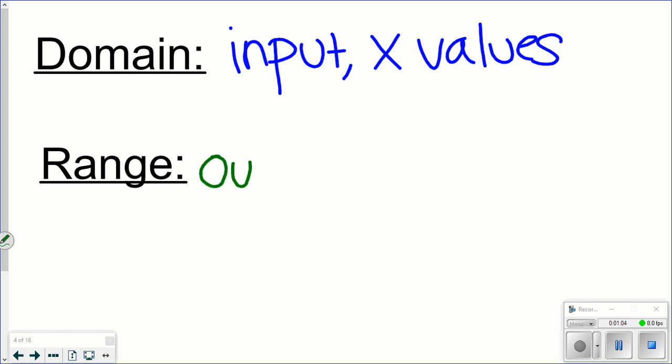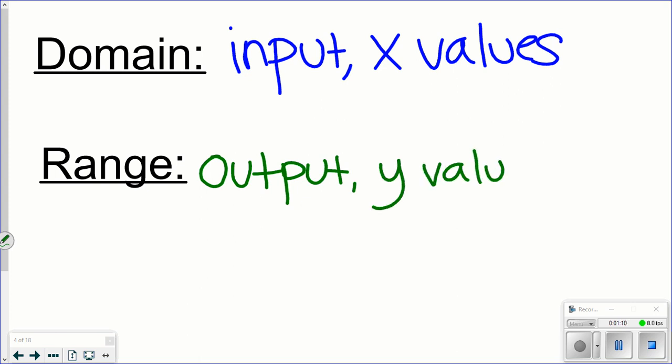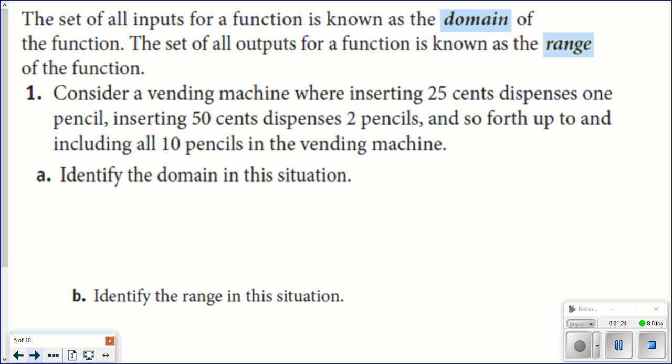Range would be our output and our y values. So your book says that it says the set of all inputs for a function is known as the domain, and the set of all outputs for a function is known as the range.